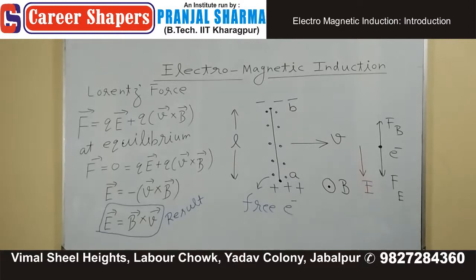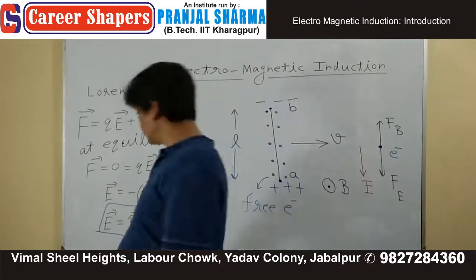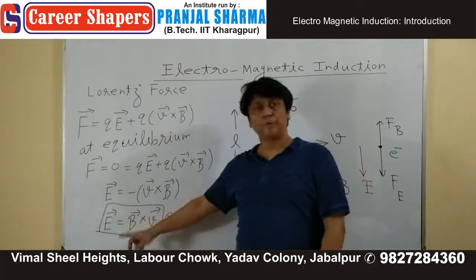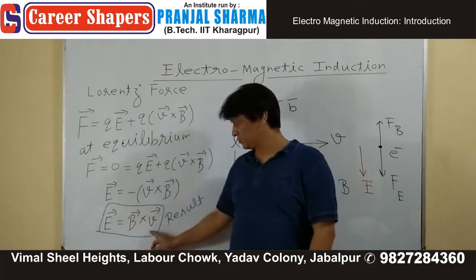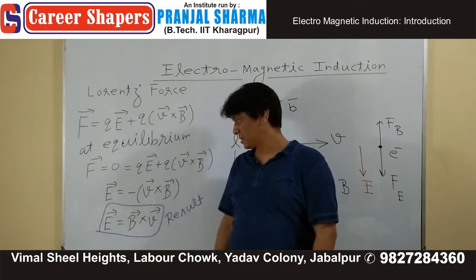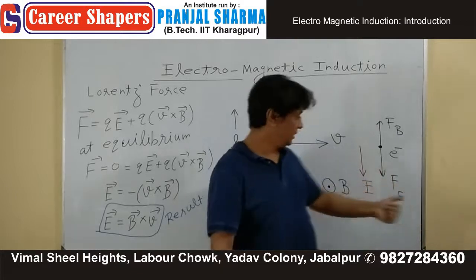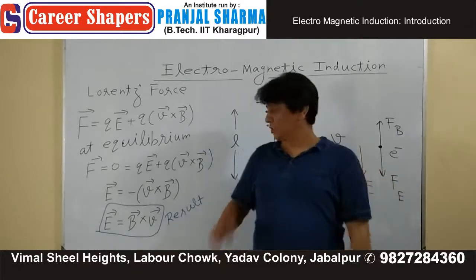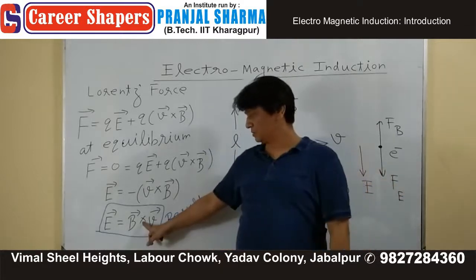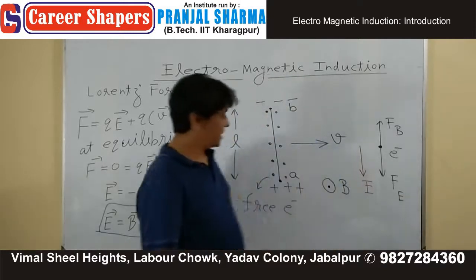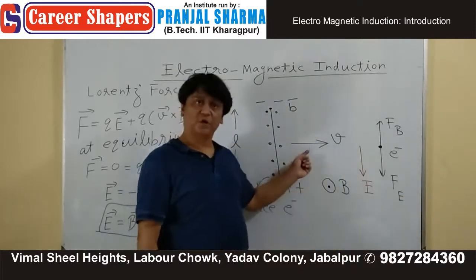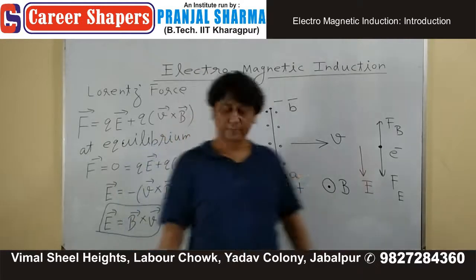I'm giving you a 30 seconds work. You've got electric field as B cross V, and we already got the direction of electric field. Using cross product, you have the direction of magnetic field, you have the direction of velocity.